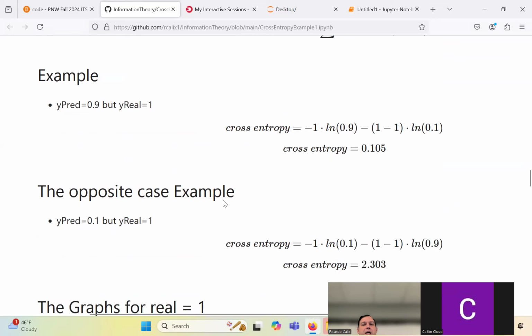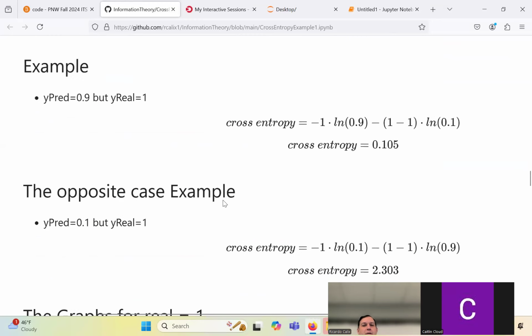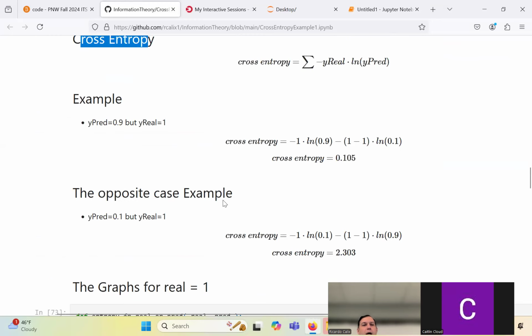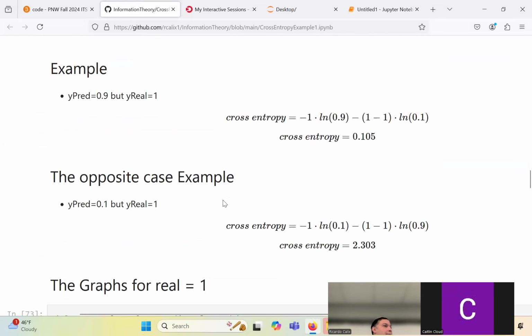So let's take an example over here, for instance, right? Hopefully this will drive the point. We have a neural network that is predicting some class, like say cat or bird or something like that. So Y pred is 0.9. Do you see that? And Y real is 1. So that means it is a cat. And the model predicted that it is a cat with 0.90 in the neural network, right?